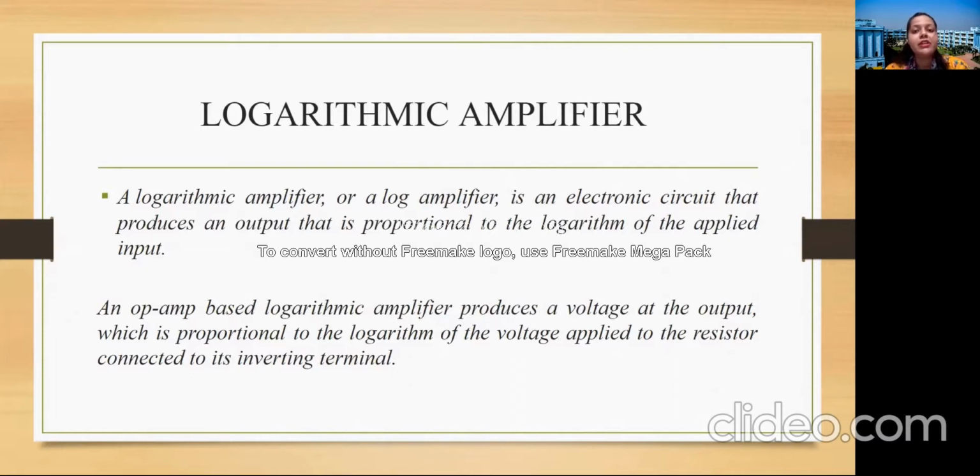Whenever the input voltage is provided to the inverting terminal, that is the negative terminal of an op-amp, that is known as an inverting amplifier. All these types like inverting, non-inverting, integrator, differentiator have been discussed in the previous videos. I will share the links of those videos also, so you can go through them before you see this discussion of the logarithmic amplifier.